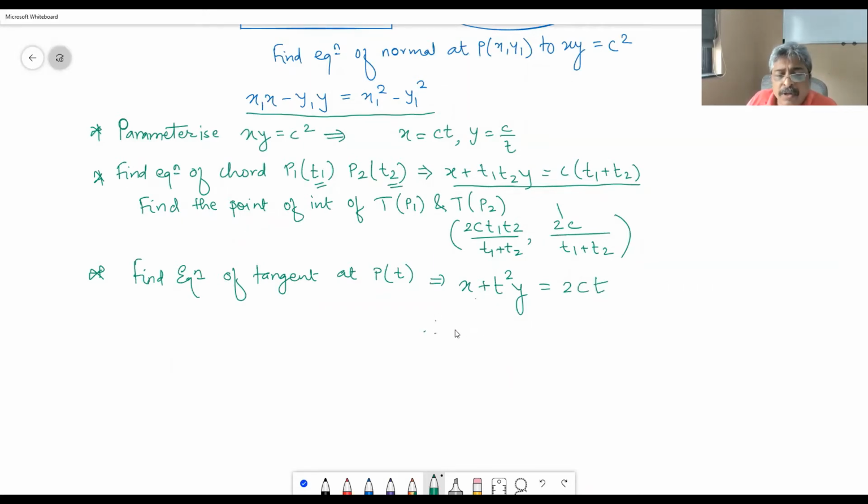And therefore, slope of tangent is minus 1 upon t square. Always negative.